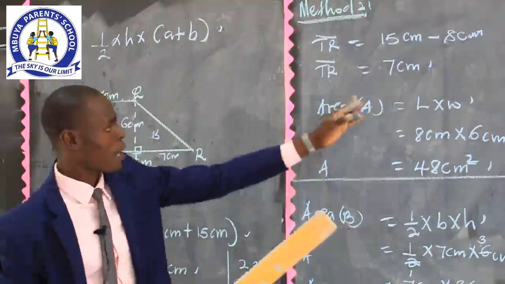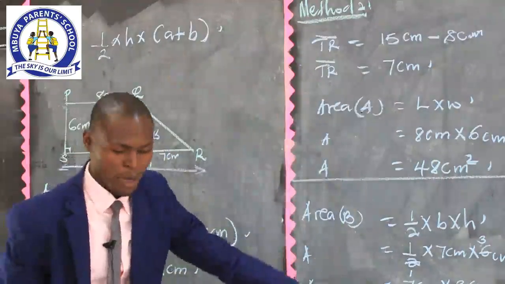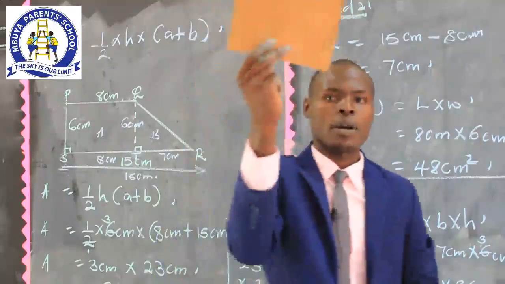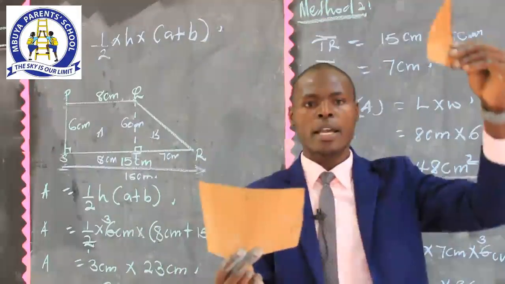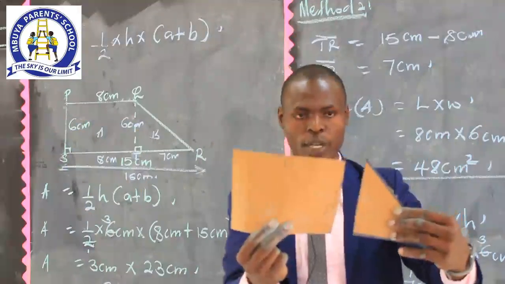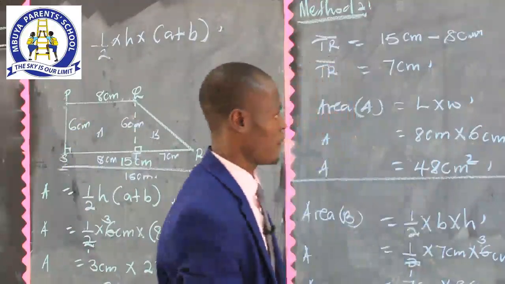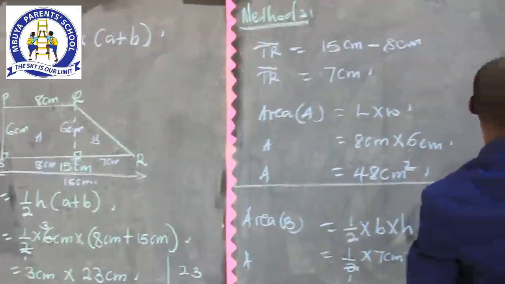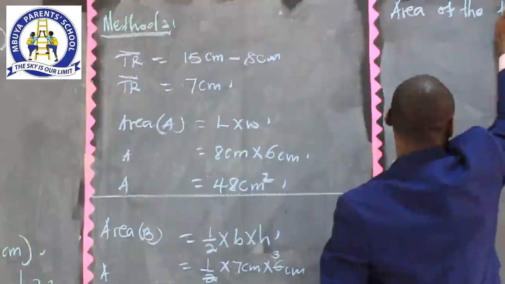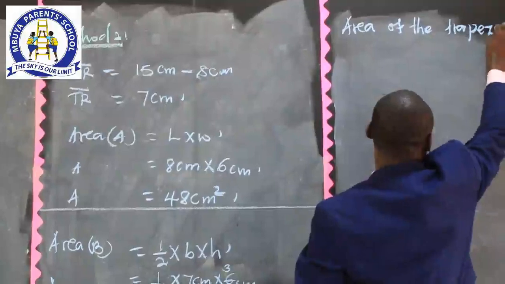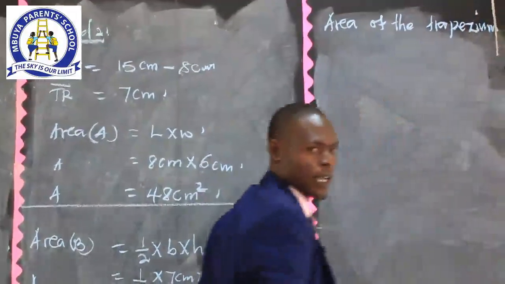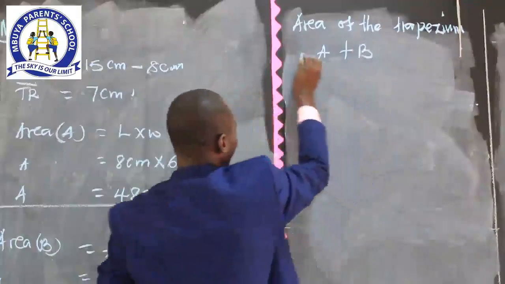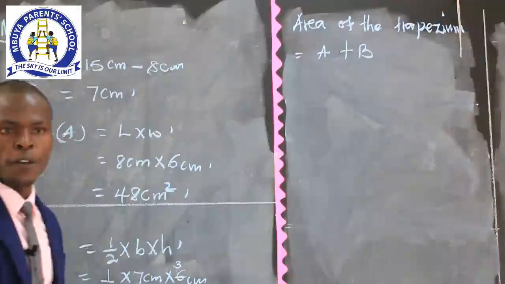So we have our area of A. We have our area of B. Put the two together, get the area of the figure. So the area of the trapezium in this case, which is our figure, will equal the area of A plus the area of B.